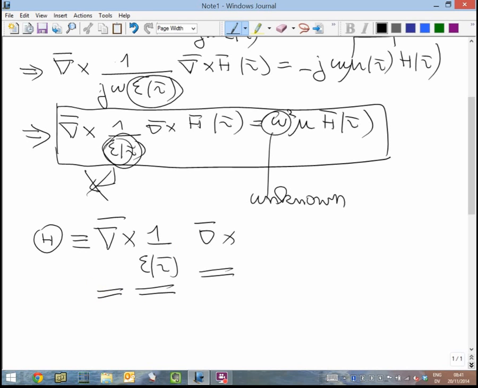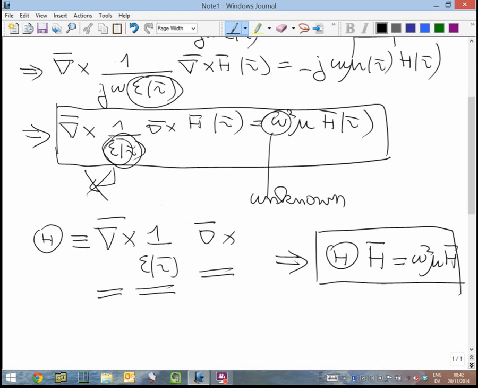So this is the definition of this operator. And then you can more compactly say that this operator capital theta, operating upon our magnetic field H, is equal to omega squared mu times H. So this is just a more compact rewriting of that equation up there.